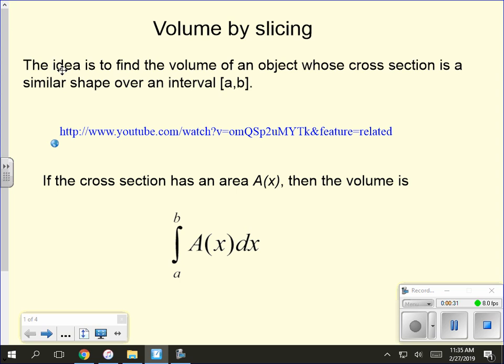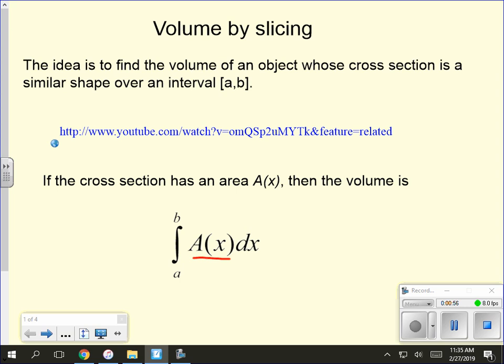So if the cross-section has an area A of x, the surface area of my cross-section as I slice it up, then the volume is the integral of that cross-sectional area from a to b.